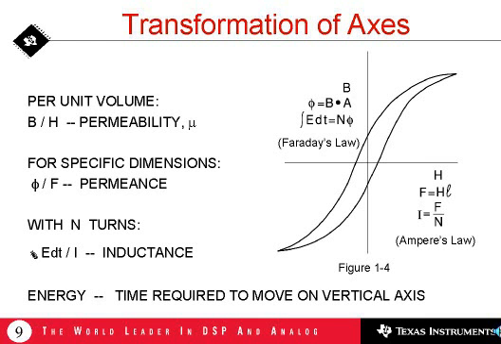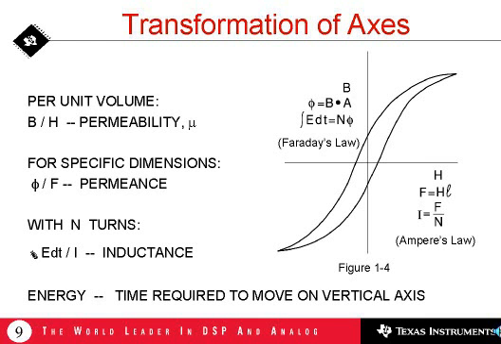If we divide the magnetic force by the number of turns in the winding, the horizontal axis is transformed now into current, according to Ampere's law. So the new set of axes now, integral volt-seconds on the vertical and current on the horizontal, is purely in electrical terms.